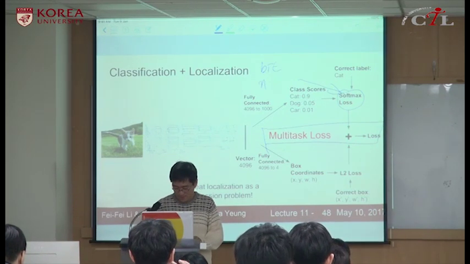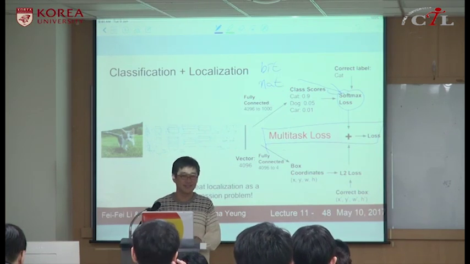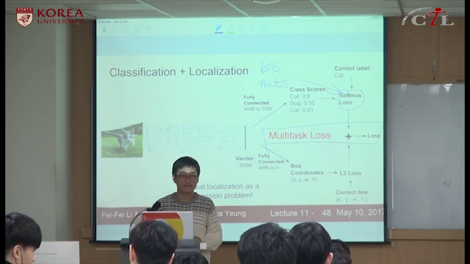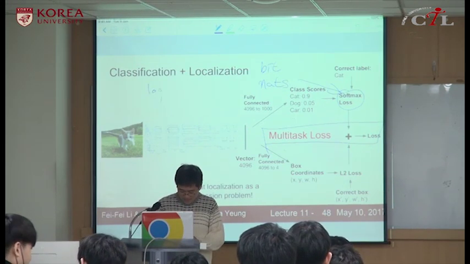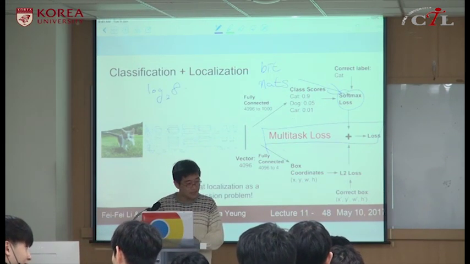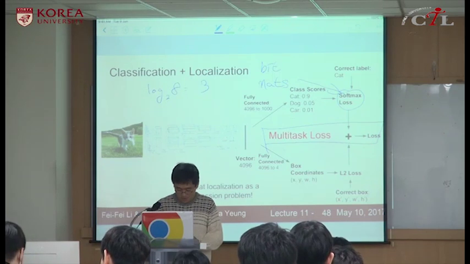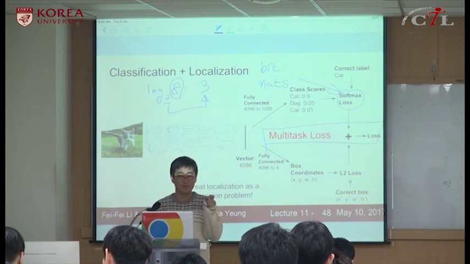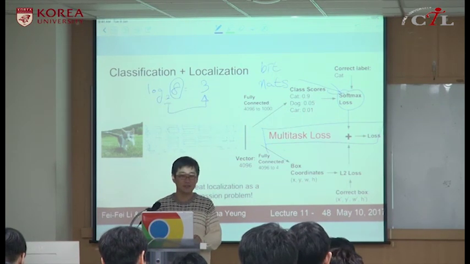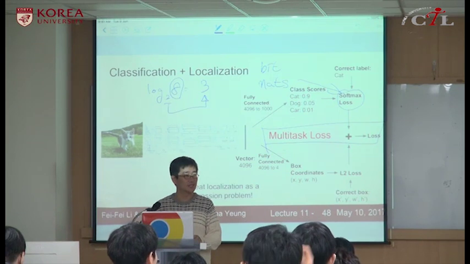And also, have you heard about nats? Log 2 of 8 is 3, right? So to represent the number 8, we need 3 bits in the binary number representation.